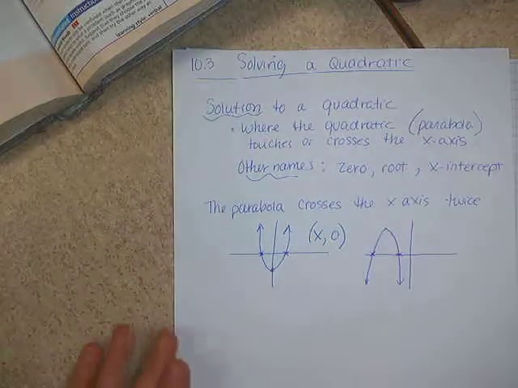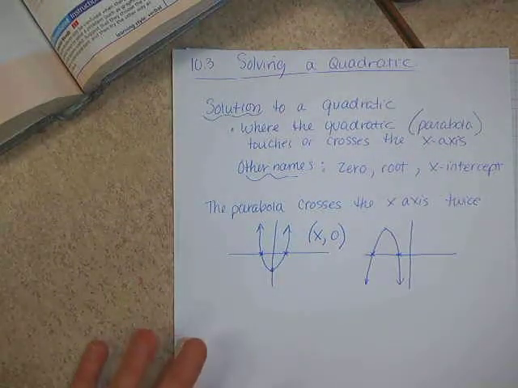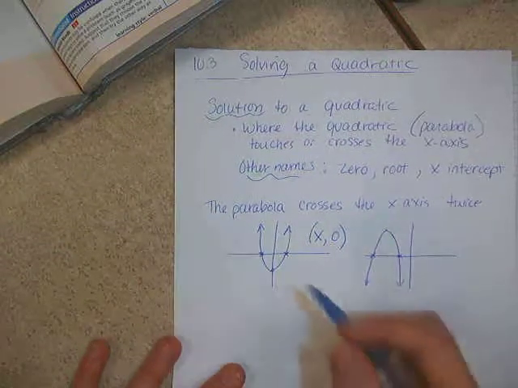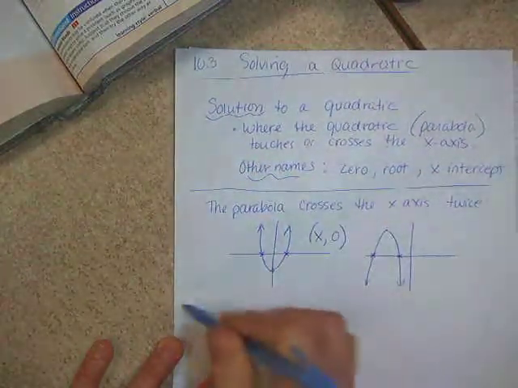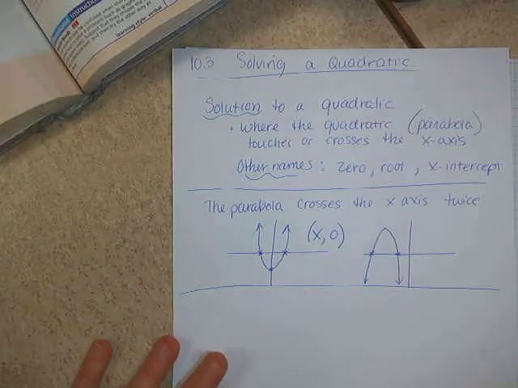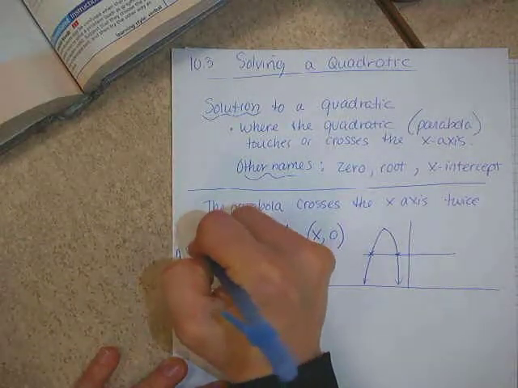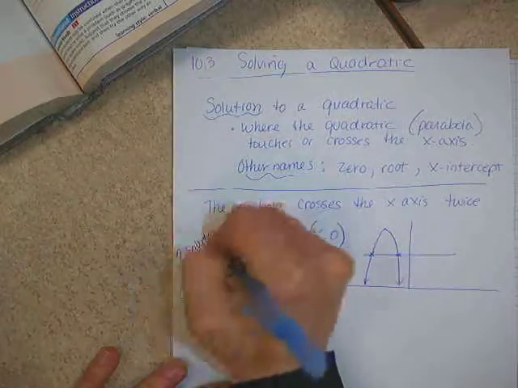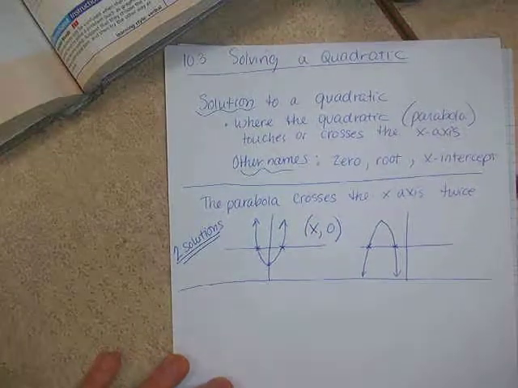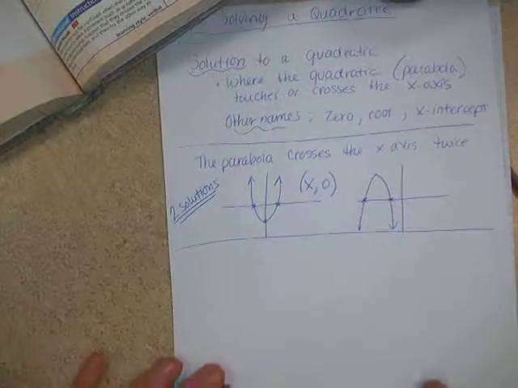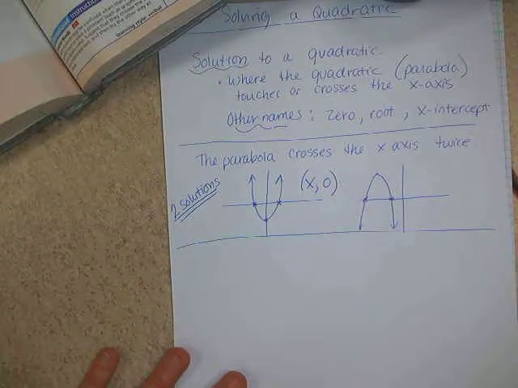So both of those solutions would be in the form x, 0. And there would be two of them. All right, so that's what it would look like if there are two solutions.